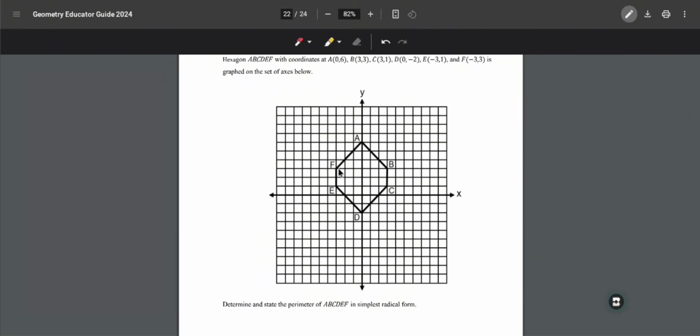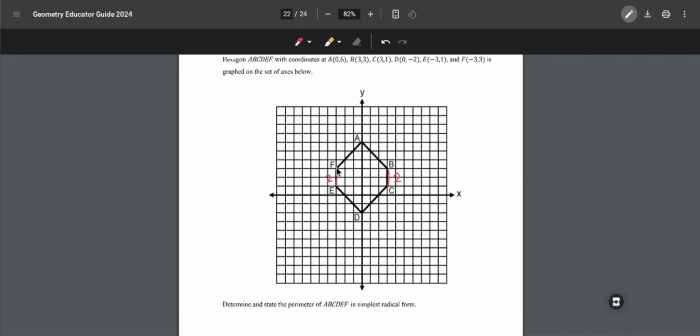In order to determine this, I need to know the side length of each of these sides of hexagon ABCDEF. I already know the side length of FE and BC. This and this are each 2. But now I need to determine the value of AF, AB, CD, and ED.